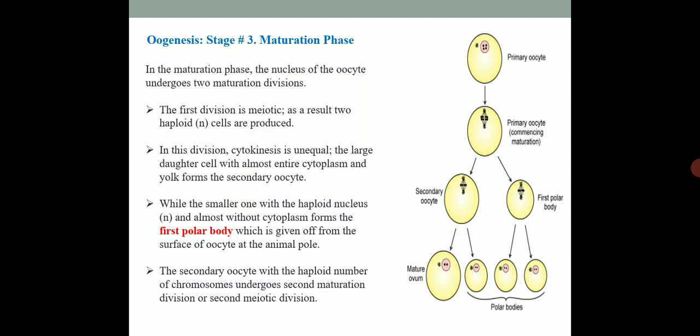So the oocyte undergoes two maturation divisions. In the first, the first meiotic division, the secondary oocyte is formed along with the first polar body. Again the secondary oocyte with haploid number, n chromosomes, undergoes the second maturation division, or the second meiotic division.